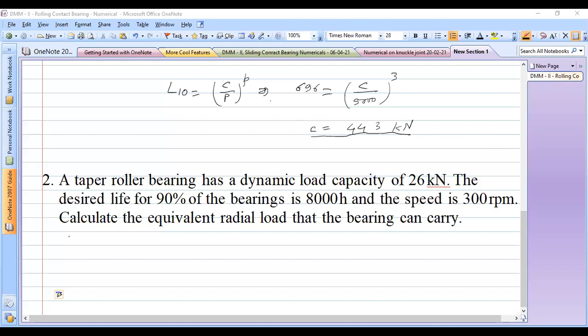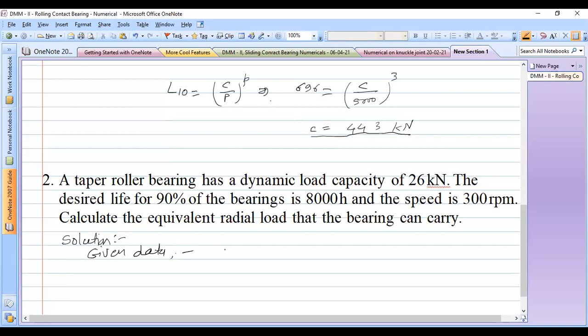We'll see the solutions. First, we have to write the given data. Now, what is given here?